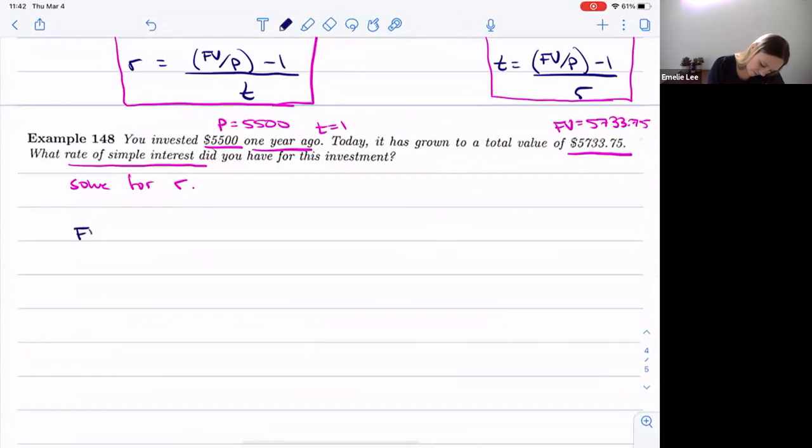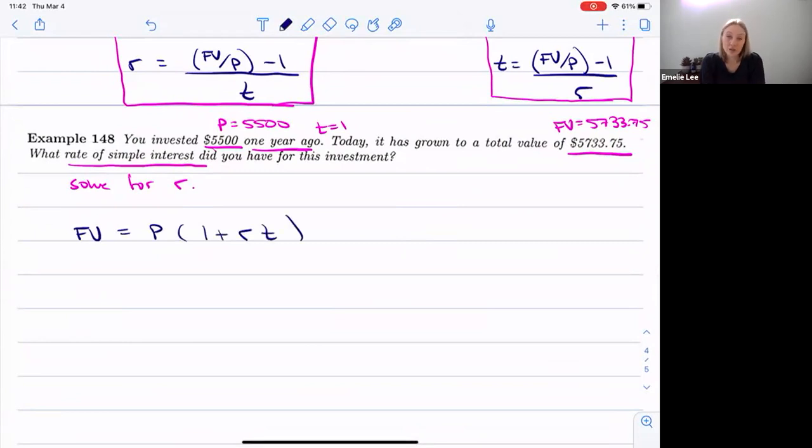So I have the future value is P times 1 plus R times T. I could draw a timeline here, but this is such a basic situation where 5,500 grew to 5,700 in a year, and I'm solving for R. A timeline here wouldn't really help me visualize anything, so I'm not going to do that.